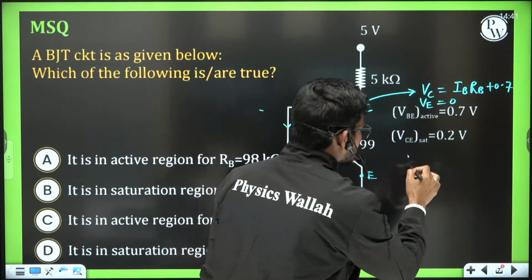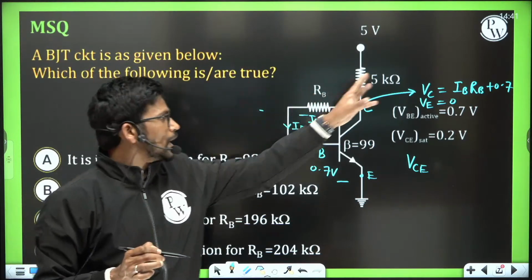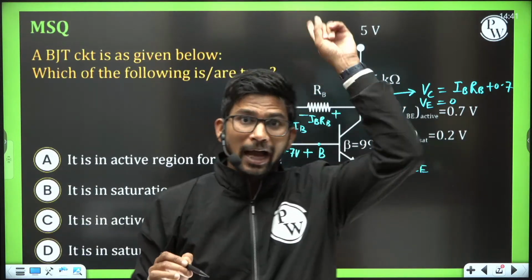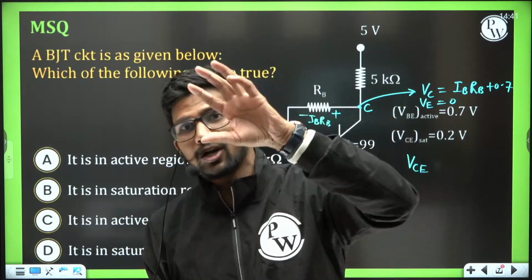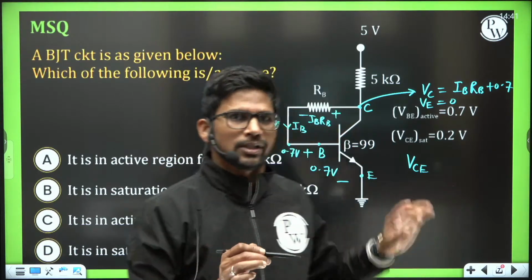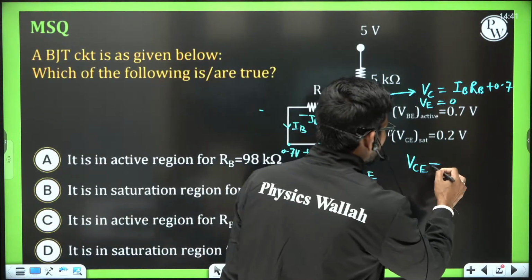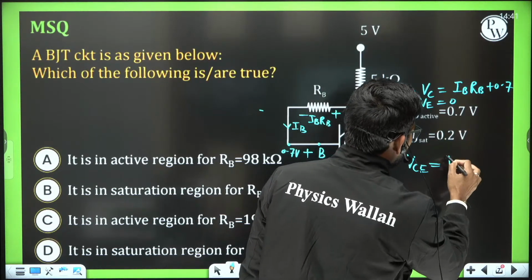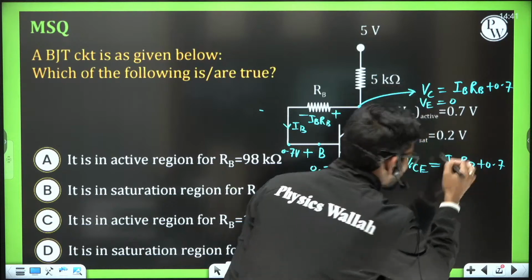Because this BJT is in on condition, I am calculating VC in on condition. I told in the previous question that the VC greater than 0.2 or not condition will be checked only if the BJT is in on condition. Here BJT is on, that's why current IB is flowing. So VC comes out to be IBRB plus 0.7, and definitely this is 0.7 plus something.